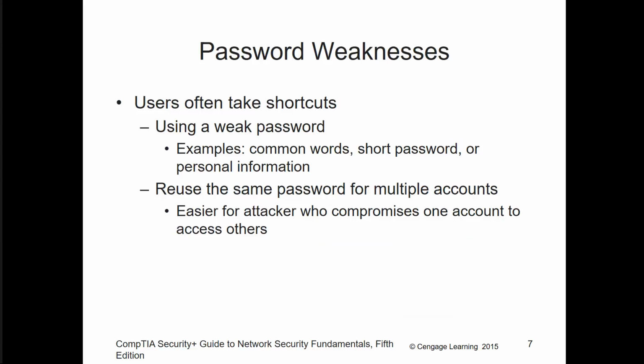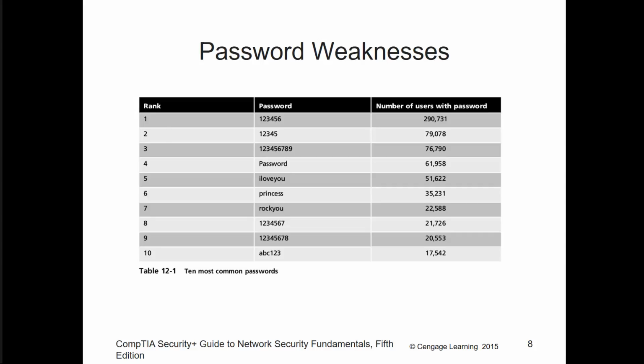Users often take shortcuts, so they'll use weaker passwords or reuse old passwords. That's why password policies need to be enforced. Weak passwords like 123456, that's a common one. Password, I love you, princess, and so forth.